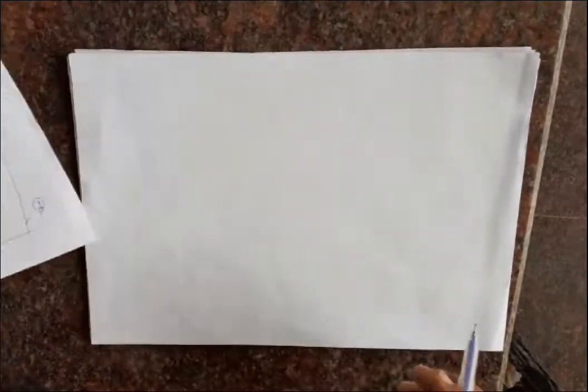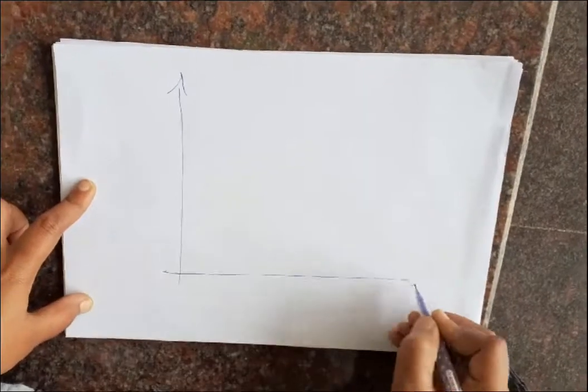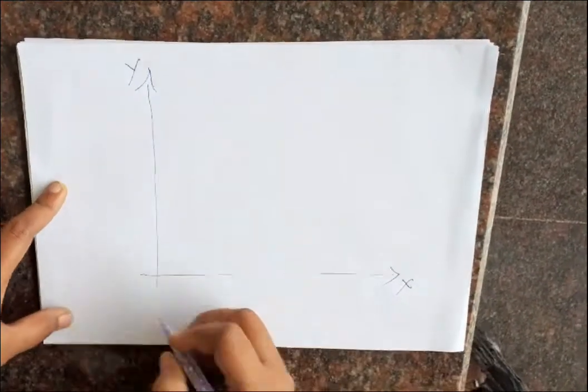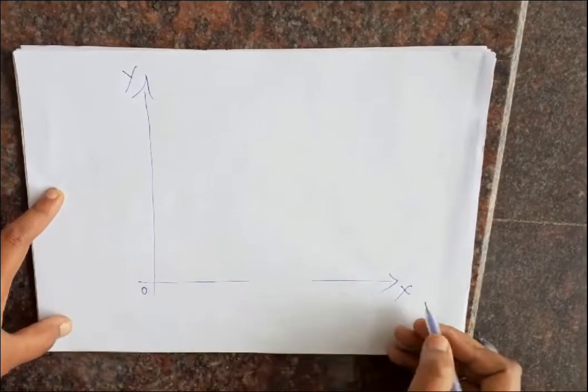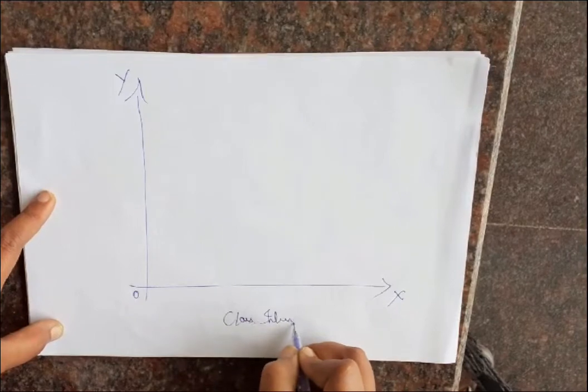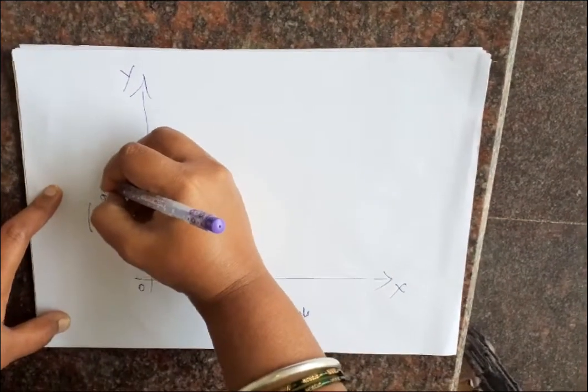Ogive curve preparation will be done based on the graphical method. So we have x and y axis. The x-axis is representing the class intervals and the y-axis is representing the frequency.